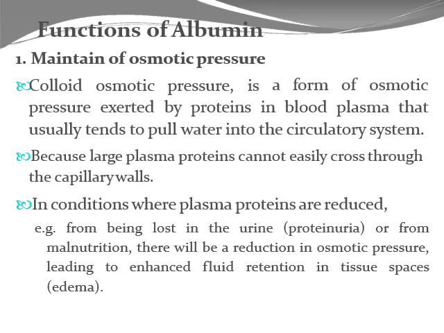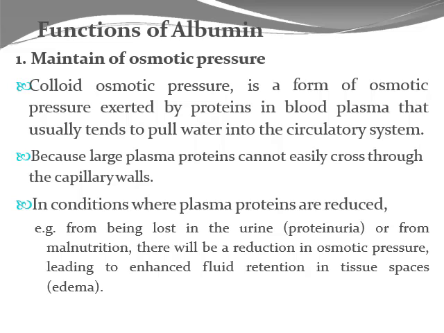What are the main functions of the albumin? Number one and the most important function is that it helps us to maintain osmotic pressure. Colloid osmotic pressure is the pressure that is applied by the proteins in the blood plasma. So they have the ability to pull water into the circulatory system.